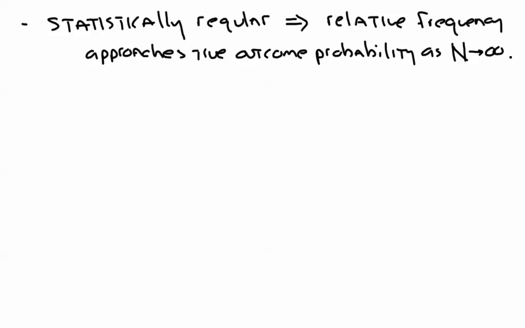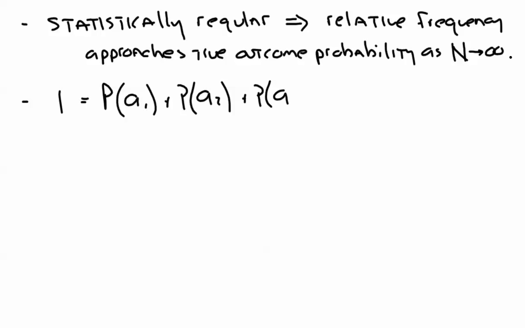And not surprisingly, we can make this observation: if I add up all of the true probabilities of the various outcomes, for an experiment that has only 4 possible outcomes, the individual probabilities of each of those outcomes have to add up to 100%, because it is 100% likely that something occurs.